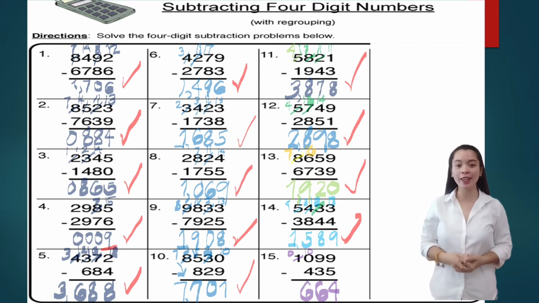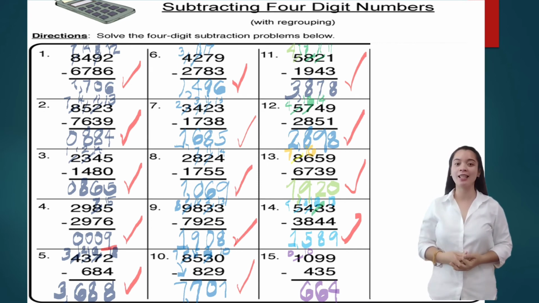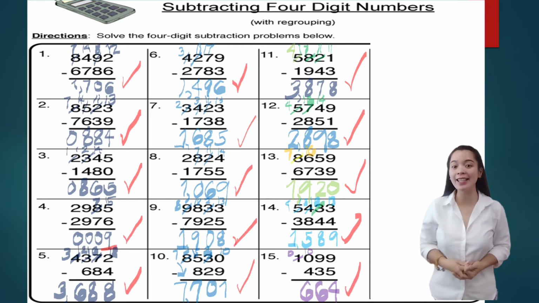And 0, we will not put 0 here. We have 664. Okay, let's check your paper.